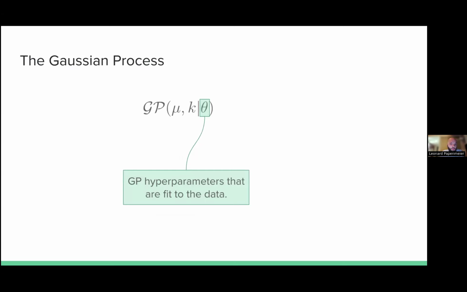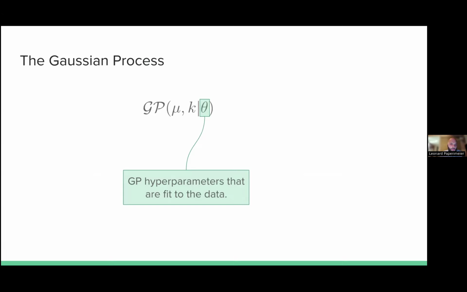So as I said before, this GP usually comes with some hyperparameters. One of them is the length scale. You usually also have the likelihood noise, and sometimes the function variance. That's also called output scale in BOTORCH. We summarize those hyperparameters here with theta, and we fit those using the data that we observed.